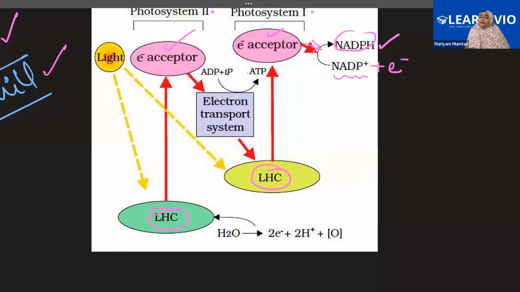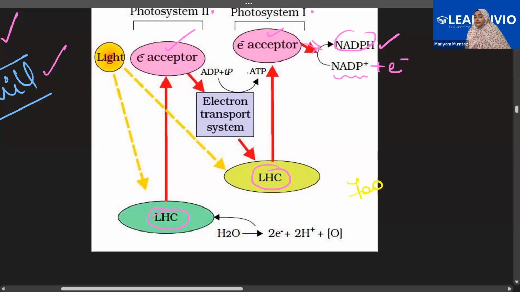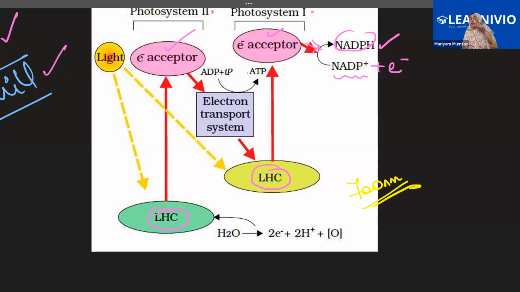When the electrons jump, they are accepted by the electron acceptor. Then the electron acceptor sends it to the ETS. Then from the ETS, it comes to the light harvesting complex of photosystem 1 that requires 700 nanometer wavelength. Once the electron reaches the light harvesting complex of photosystem 1, again the electron will be excited, jump and be accepted by the electron acceptor.